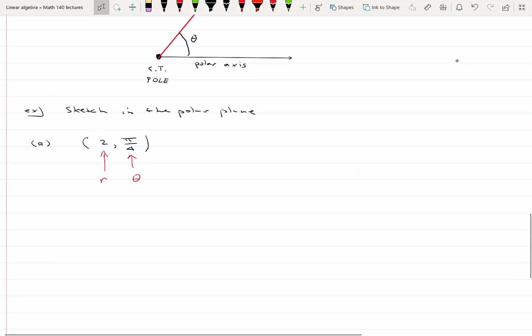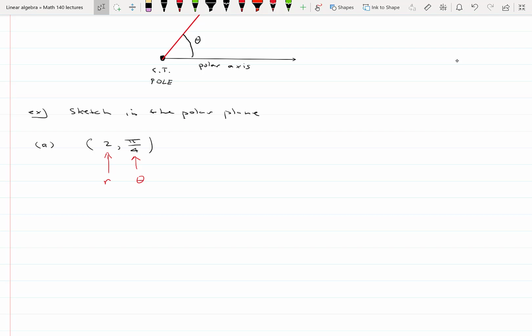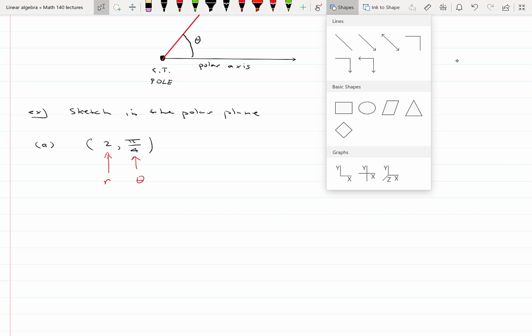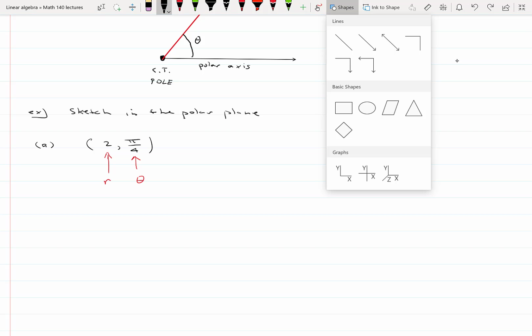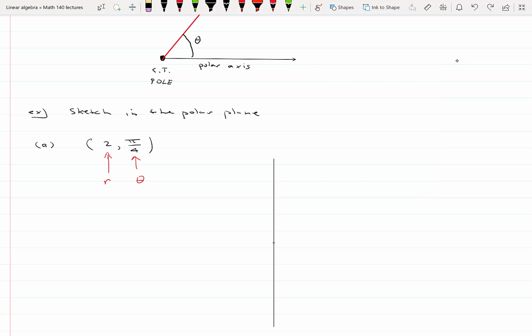Let's start this over again. Let's plot this point in the polar plane. So what I'm going to do is I'm going to draw the xy plane. I'd like to draw it in black. So let's start over again. I'm going to draw the xy plane. I'm going to imagine the polar plane placed right on top of it. So the positive x-axis is the polar axis, and the pole is at the origin.